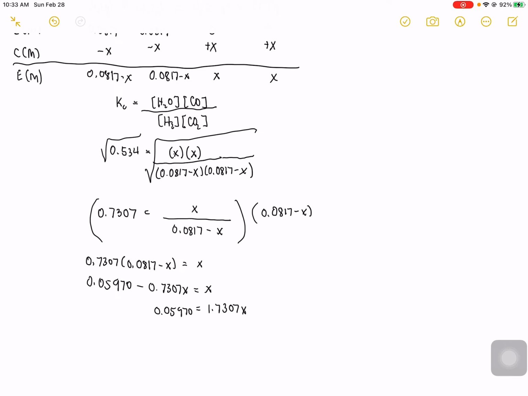X is then going to be equal to the quotient 0.0597 divided by 1.7307, or using our calculator, X is then equal to 0.03449.